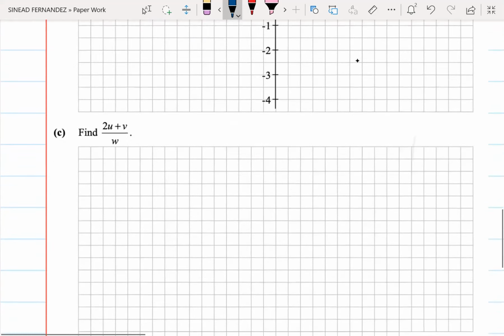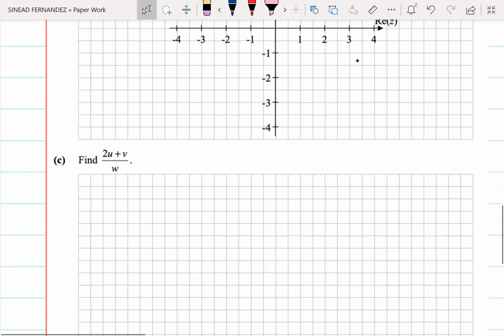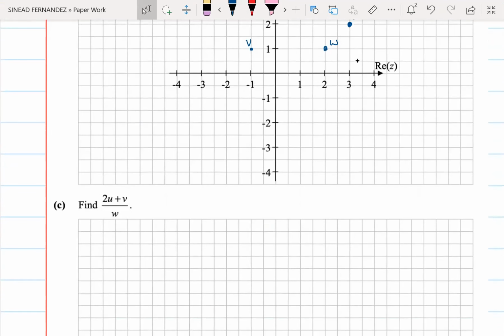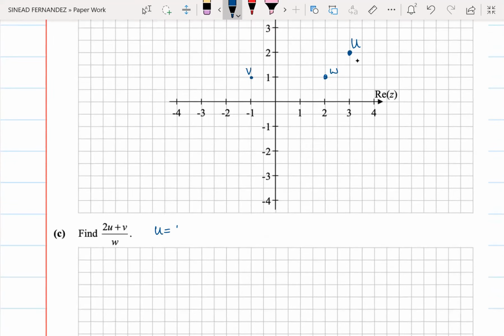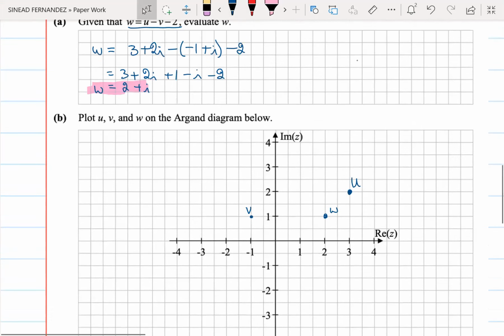Now they ask us to find the next expression. So we have to substitute in here. Let's write down what u is again. u is 3 plus 2i. v is -1 plus 1i, and w is 2 plus 1i. Let me just make sure of that.